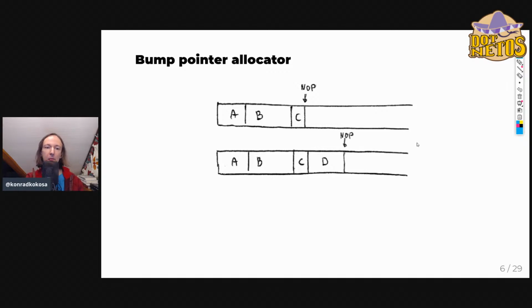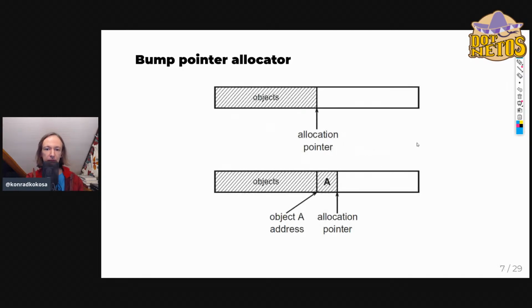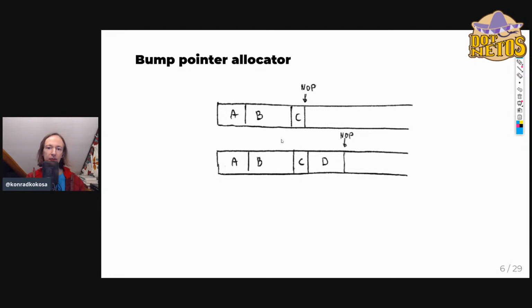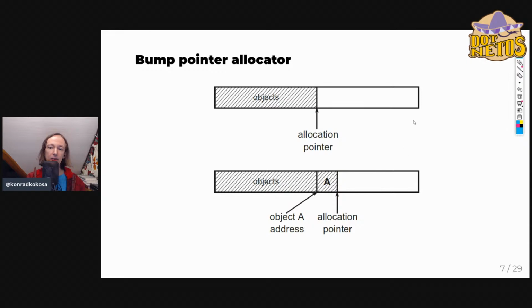Okay, so next object pointer is how things are called in the literature about garbage collection in general. The whole idea is used in the .NET GC, we just have slightly different names. Instead of next object pointer, we have something called the allocation pointer.